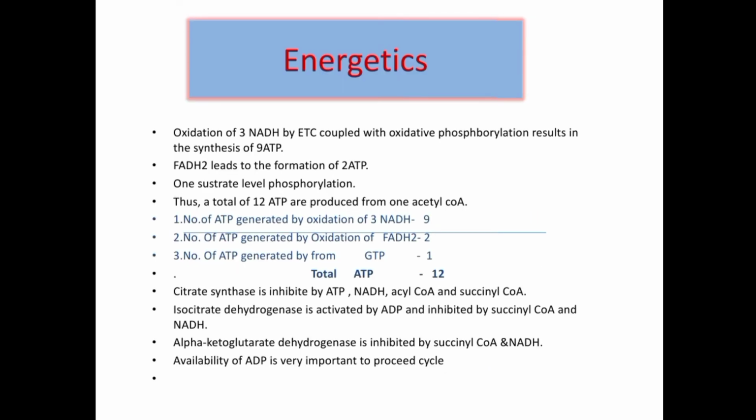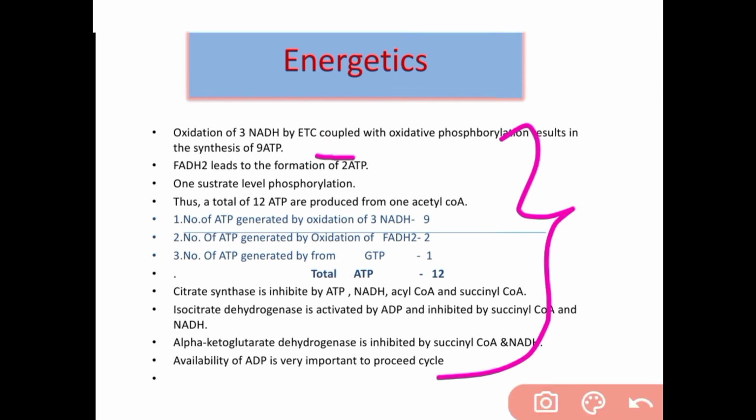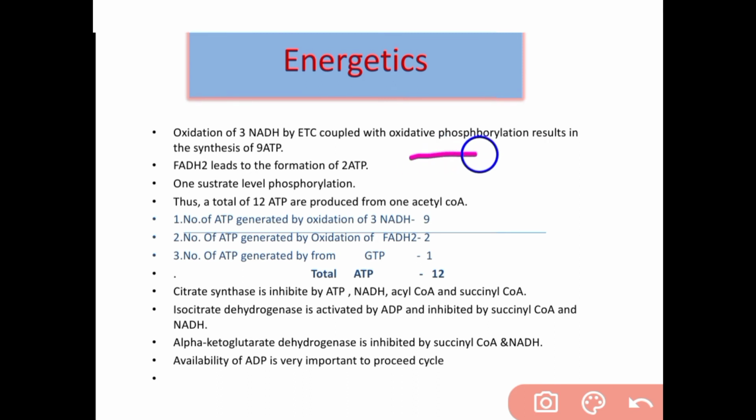Energetics in this pathway: oxidation of 3 NADH in the ETC with oxidative phosphorylation results in the synthesis of 9 ATP. FADH2 leads to the formation of 2 ATP, and 1 from substrate level phosphorylation. Thus, a total of 12 ATP are produced from 1 acetyl CoA.